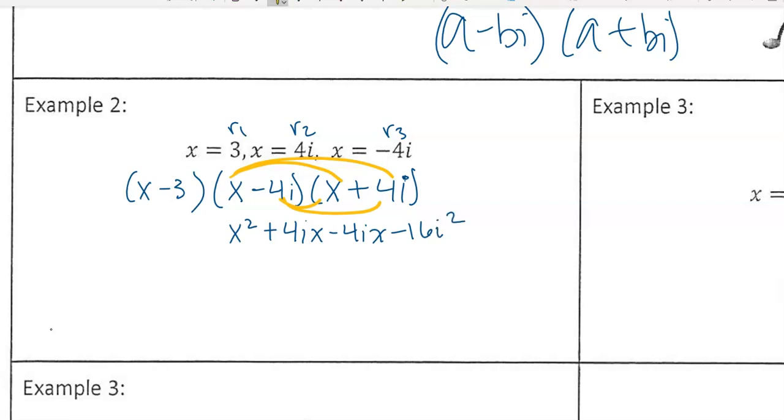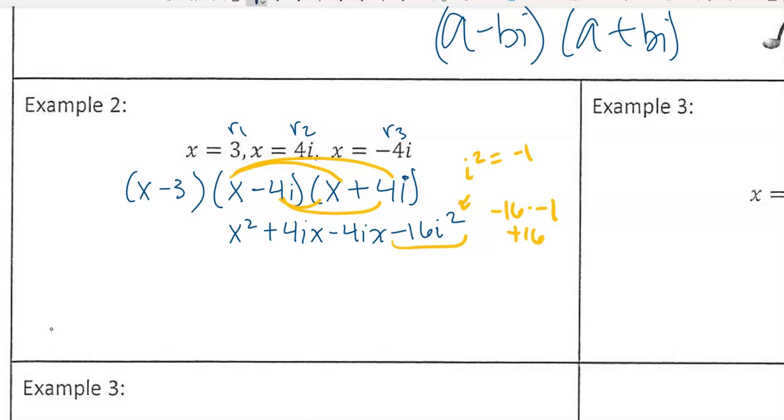Now, what we talked about in a previous lesson, our first lesson about complex roots, we said that i squared is equal to negative 1. So if we were to rewrite just this little section here, instead of negative 16 times i squared, we can say times negative 1, which would give us a positive 16.